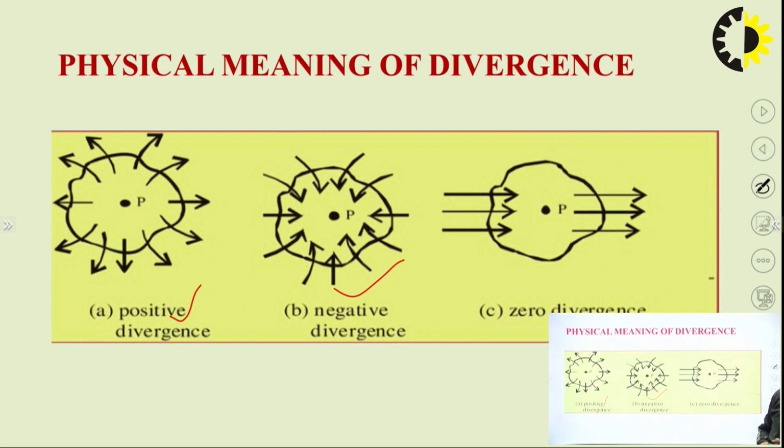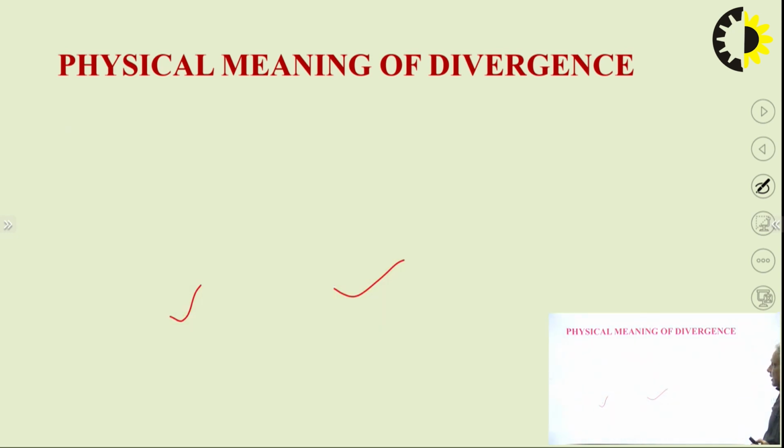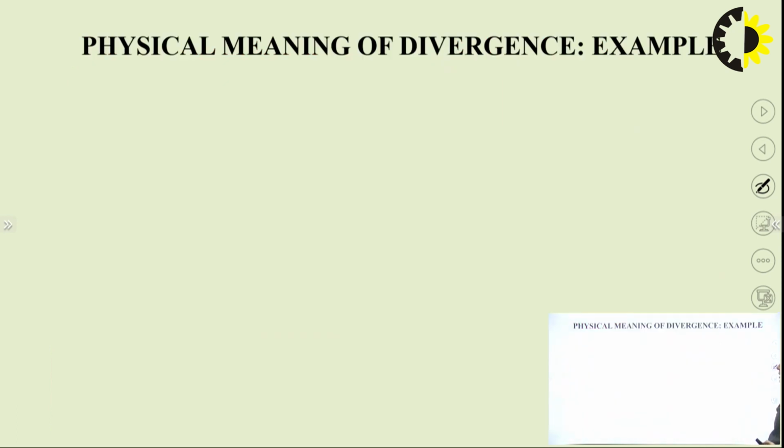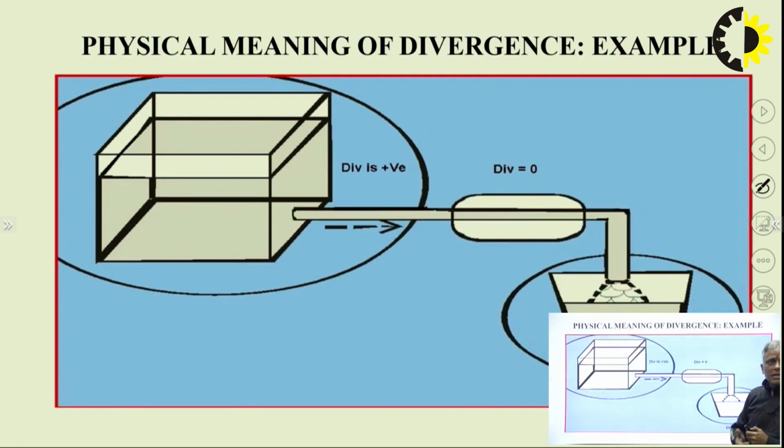So in this way we can define three types of divergence: positive, negative and zero. We can understand this physically by example: divergence positive, divergence 0, and then divergence negative.